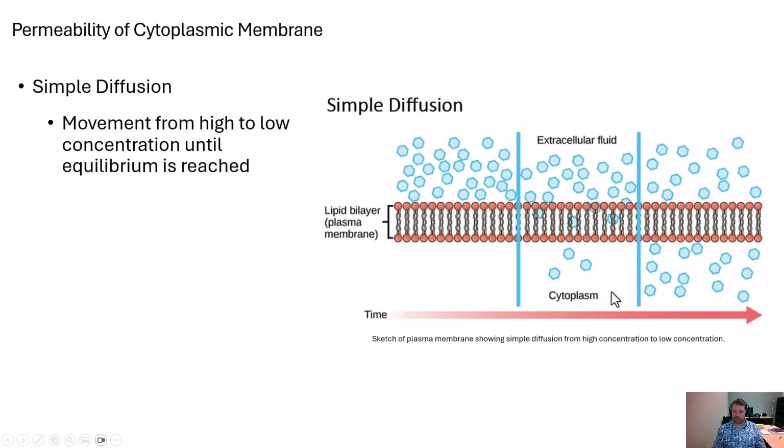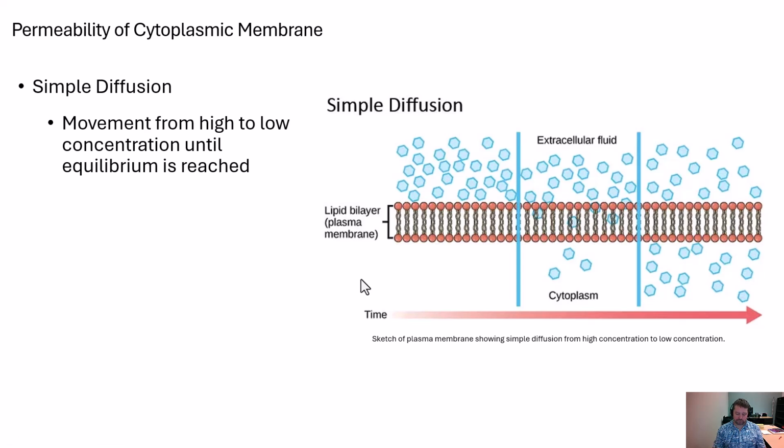That material goes through and moves to the cytoplasm, but it's showing you that the material is not moving back and forth, but it still moves back and forth quite often because nothing is completely stable. So the extracellular fluid in this case would be changing, the cytoplasm might be changing, and so material is constantly going back and forth across the membrane if it has the capabilities of doing so.